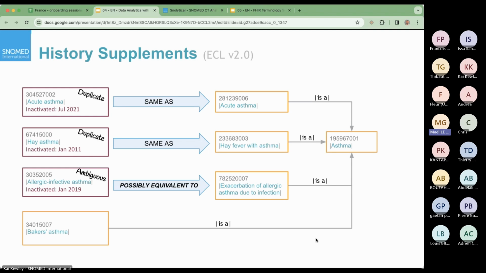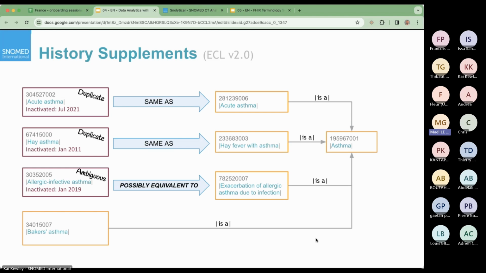But we do create a semantic relationship between the inactive concept and some active concept to allow that link to happen. And that semantic relationship is called historical association, and it has a type. For example, the nicest and the cleanest type of historical association is same as, because it really means that these two concepts are completely equivalent.